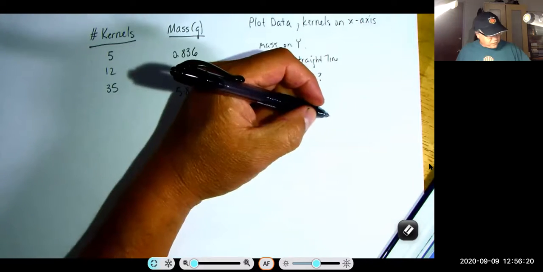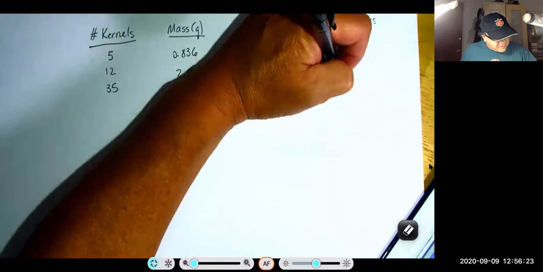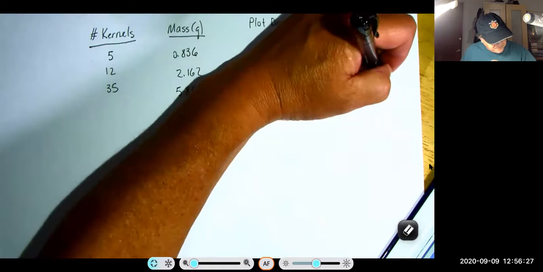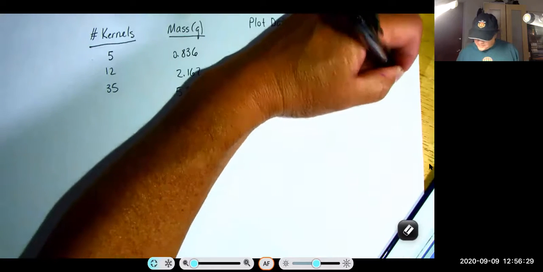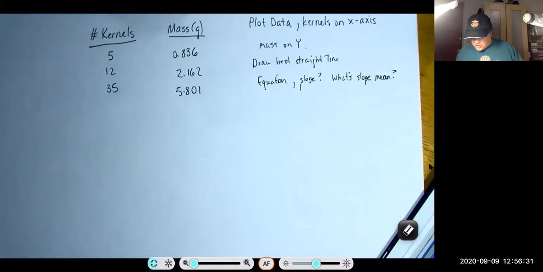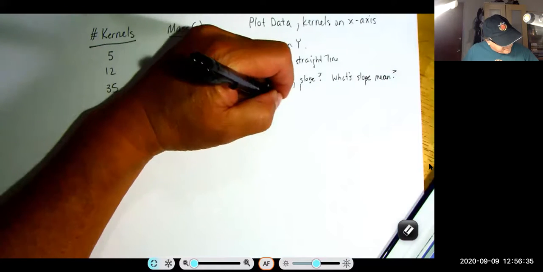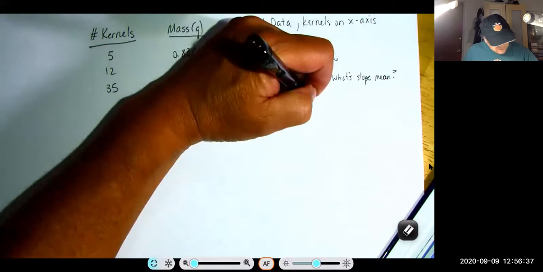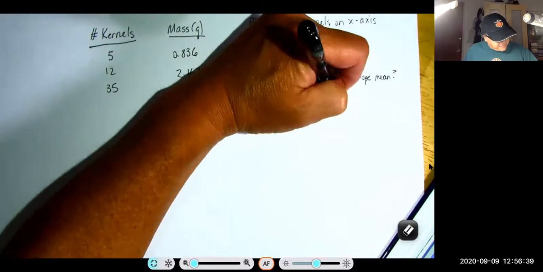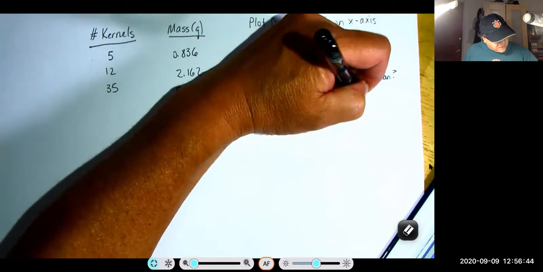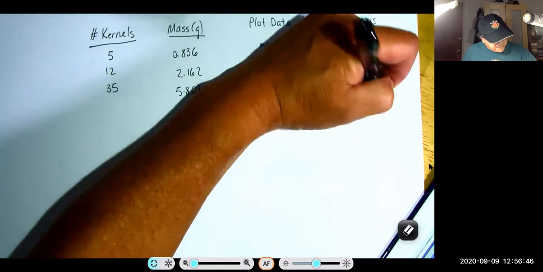And what's the slope mean? And then how many kernels are there in a handful of popcorn? In 20.88 grams of popcorn.